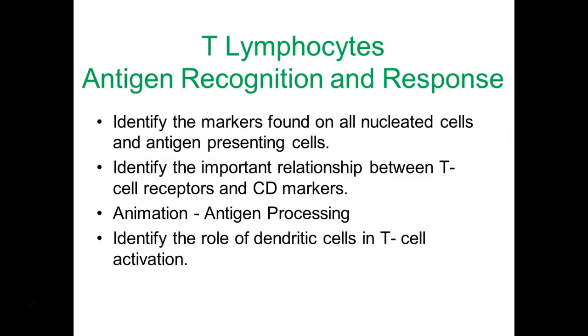So what markers are found on all our nucleated cells and antigen-presenting cells? MHC class 1 on all nucleated cells, and antigen-presenting cells, MHC class 2. What's the important relationship between the T-cell receptor and the CD markers?